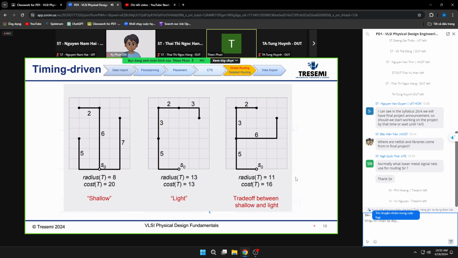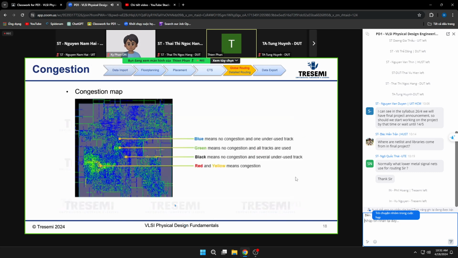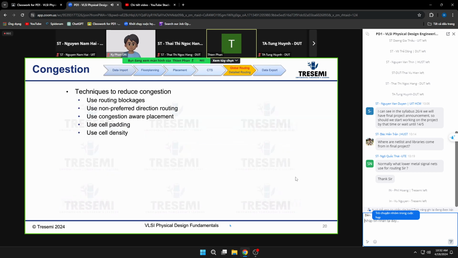Okay, let's continue. We were looking at congestion. So now what do you do with congestion? Because the thing with routing is that we're at the last stage, so there's not a whole lot you can do. What you can do is analyze the congestion and hopefully understand the problem.